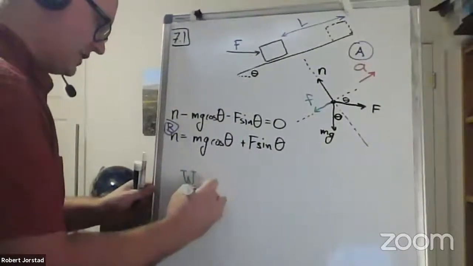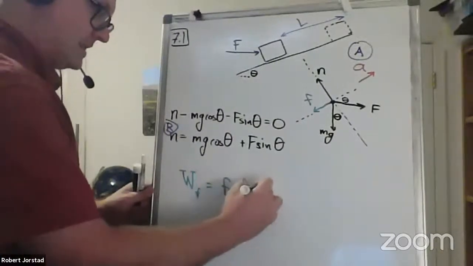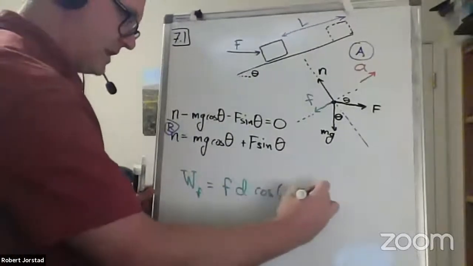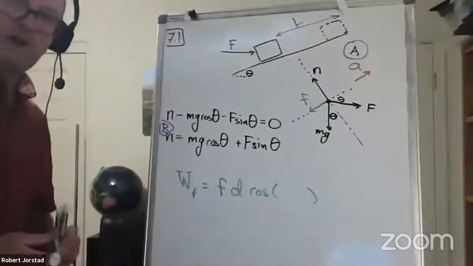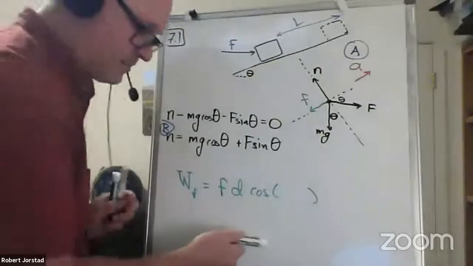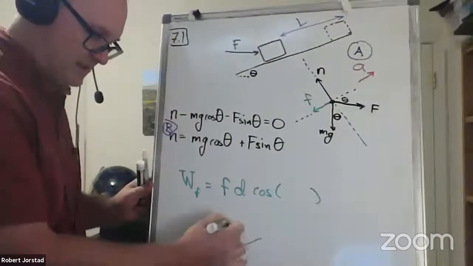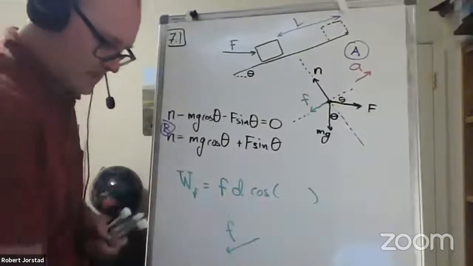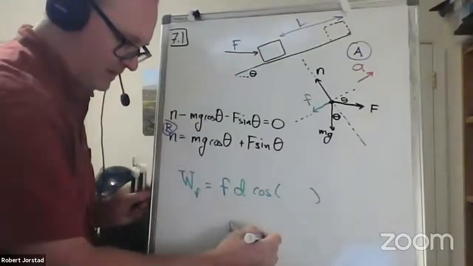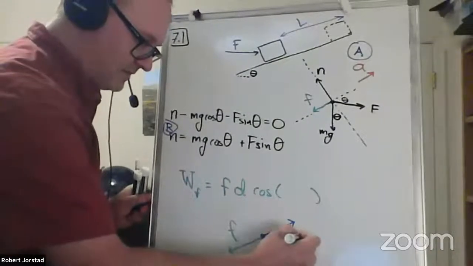Work done by friction is equal to the frictional force times the displacement times the cosine of the angle between. What is the angle between in this case? Let's draw the picture so we don't get lost. Friction points down the plane. My displacement is up the plane. Is it theta or 90 minus theta? Whoops.